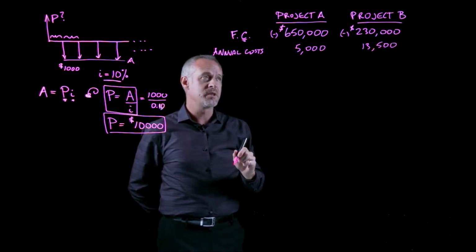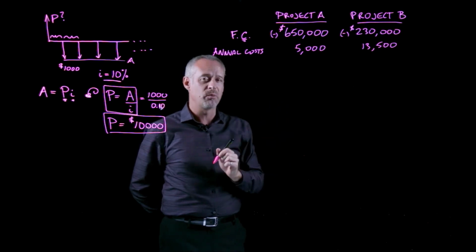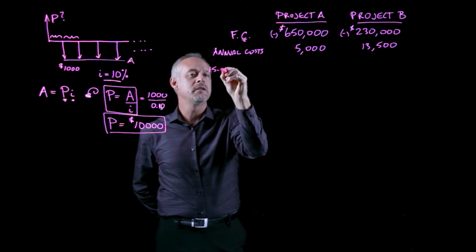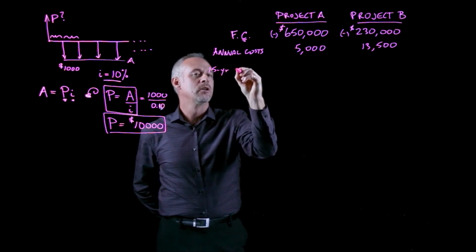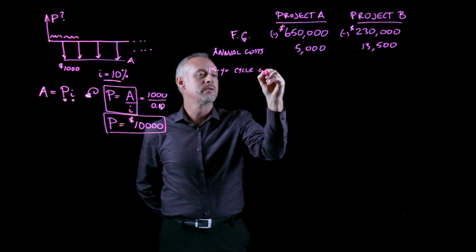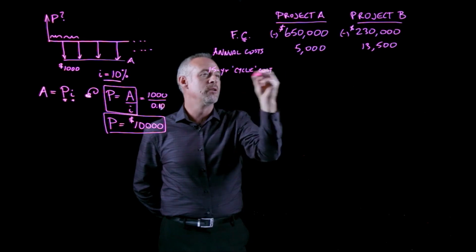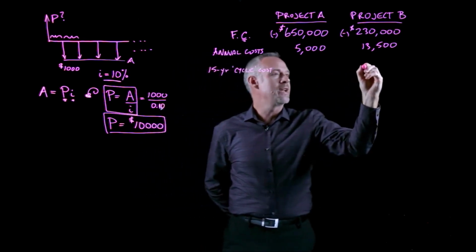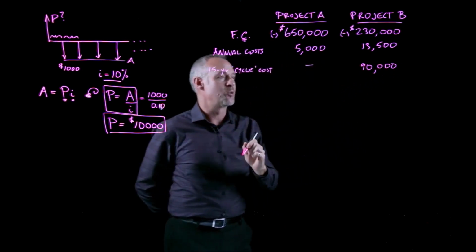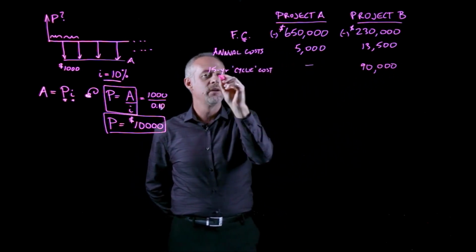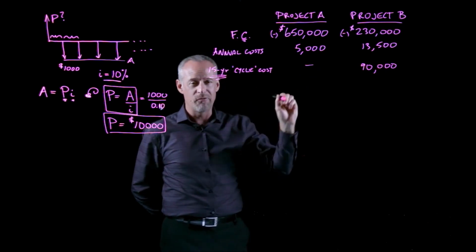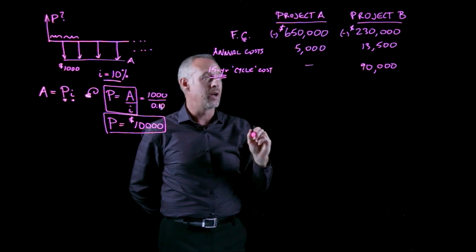We're also told about something a little bit different with project B, and that is we have a 15-year cycle cost, for lack of a better term, of $90,000. We don't have that for project A. So what that means is every 15 years we have to spend $90,000 if we select project B.